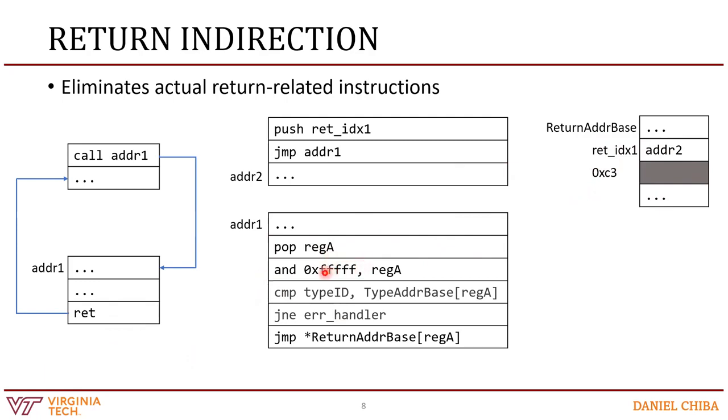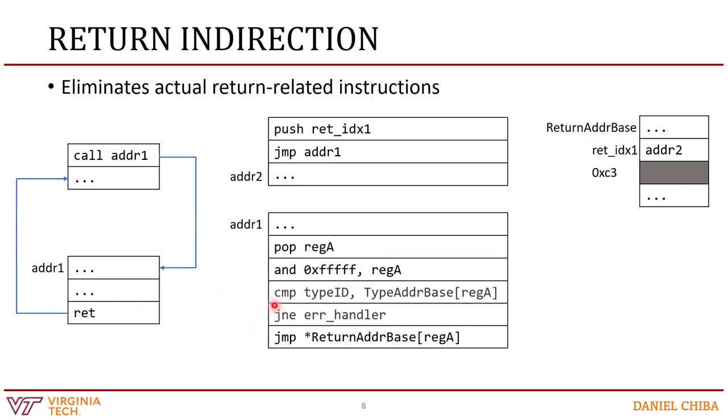So if some attacker tries to include an index that's greater than this value here, FFFFF, it would get truncated effectively.